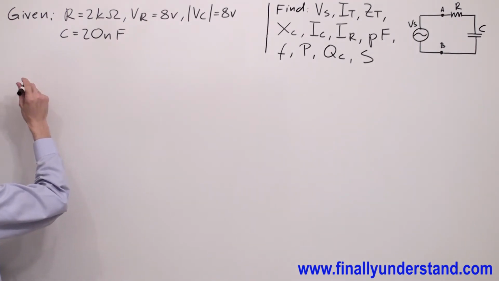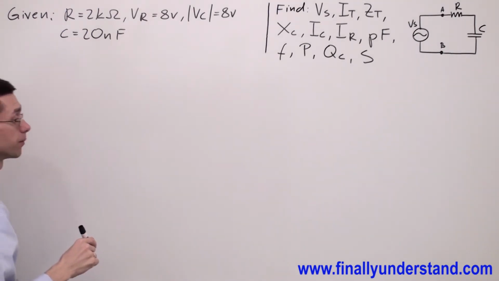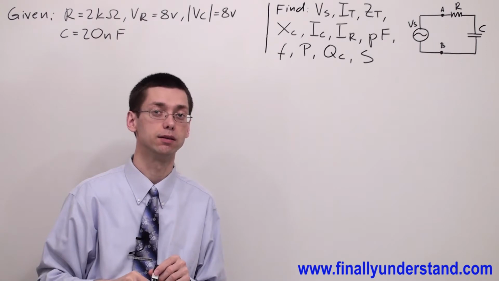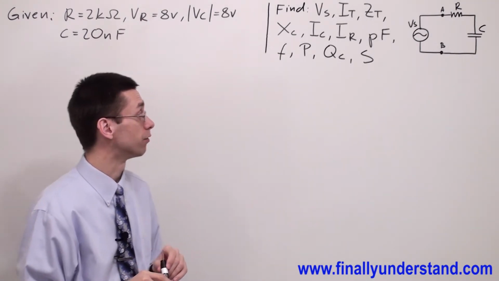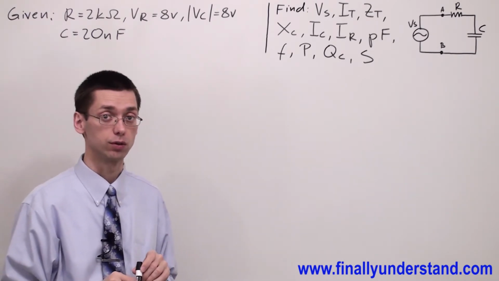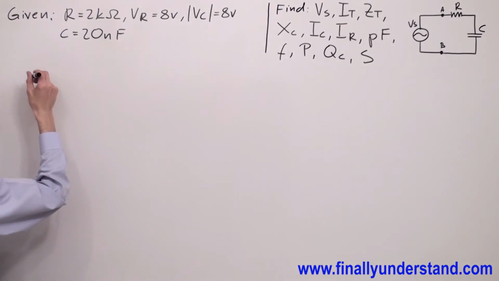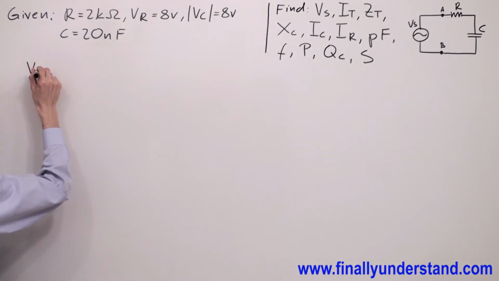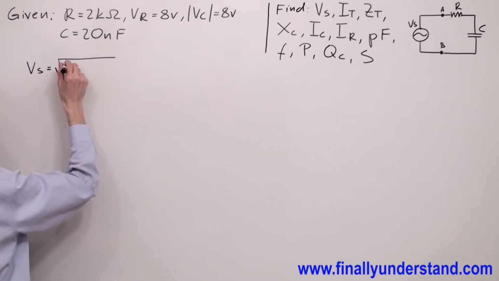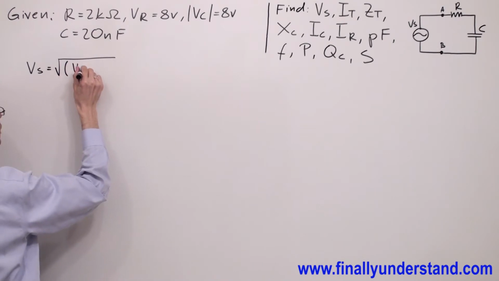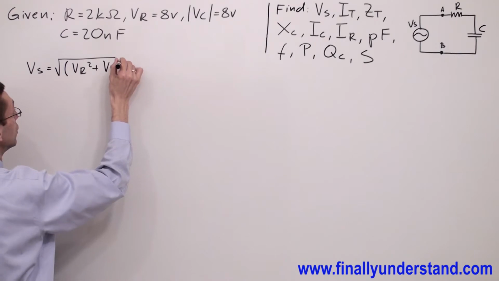Why the Pythagorean theorem? Because we have no given angles next to the voltages, and anytime I solve problems like this, I always try to make the voltage source have an angle of 0 degrees, in order to avoid confusion. So I say the voltage source is equal to the square root of (VR squared plus VC squared).